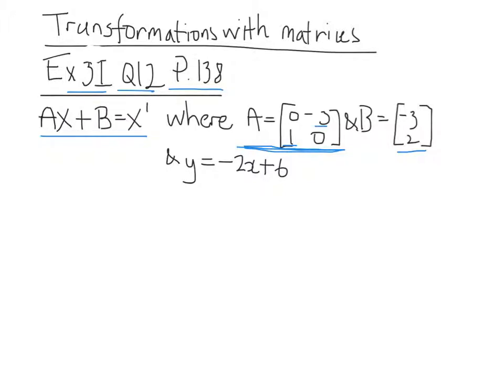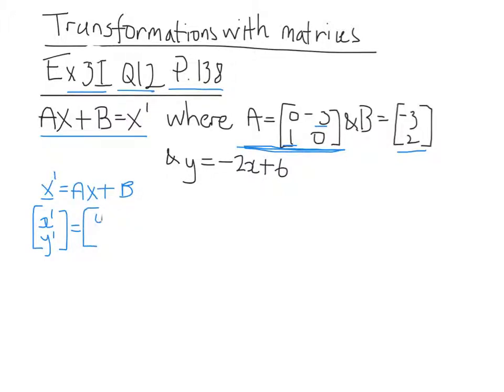Let me rewrite this so that x dashed is equal to Ax plus B, and I'll rewrite it in terms that are a little more familiar, with x and y prime. In place of capital X dashed, I have this matrix x and y prime.